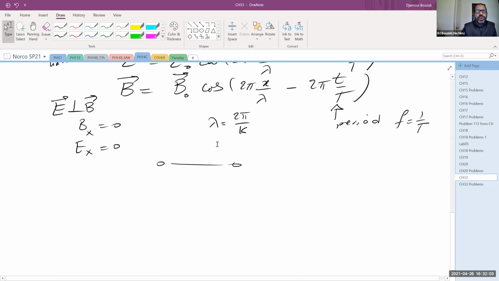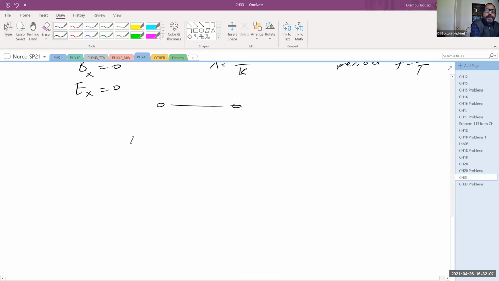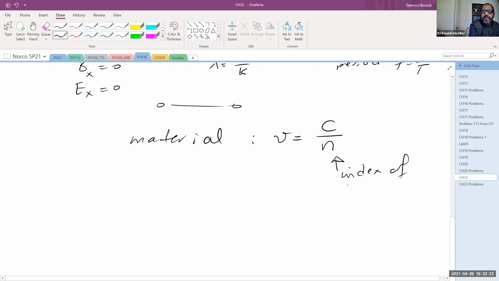So now let me go back into the materials. Inside that material, light travels with an apparent speed that is by definition c over n, where n is the index of refraction. c is the speed of light that I mentioned before, 300,000 kilometers per second or 300 million meters per second.